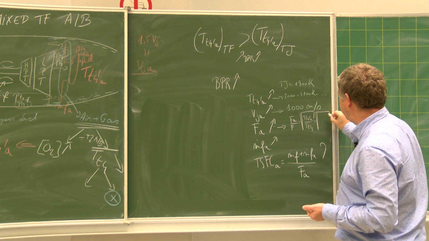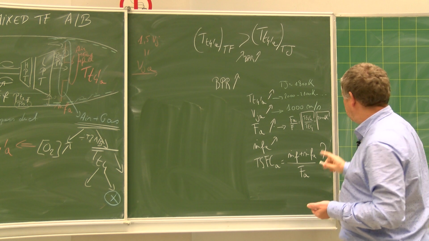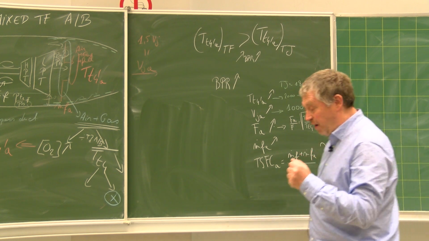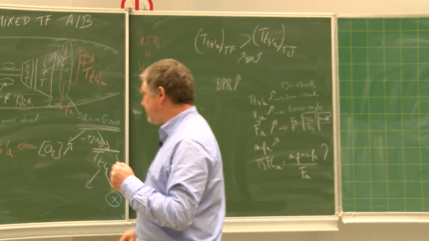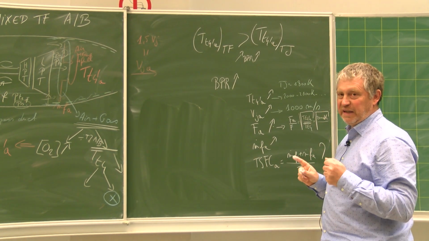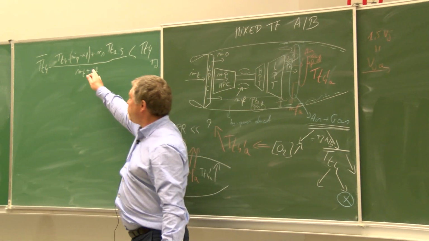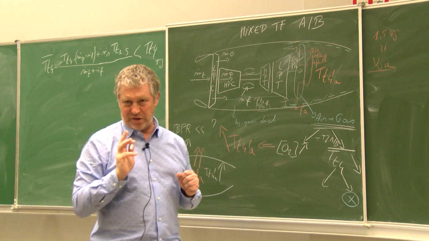TT4 prime A, if you take 2000 Kelvin, here the TT4, it is in fact this TT4, the TT4 average that you have reduced compared to the turbojet.